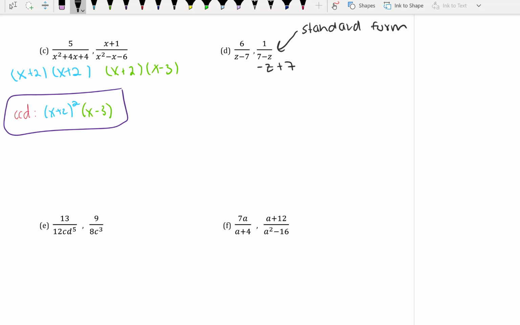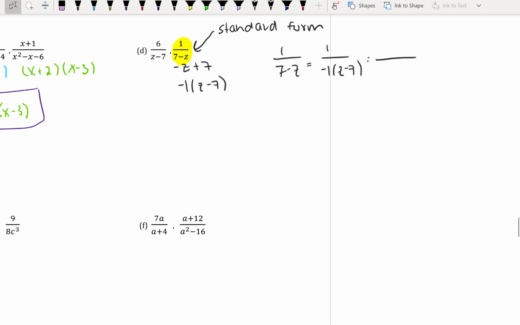And here what you can do is you can actually factor out a negative 1, so you have a z minus a 7. So what this is saying, and I'm only thinking about this fraction here, that's the only thing I'm thinking about. So I have this 1 over 7 minus z, and when I rewrote it in standard form, I get 1 over negative 1 times z minus 7.